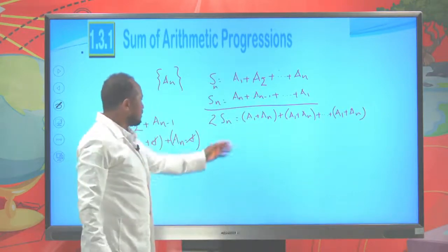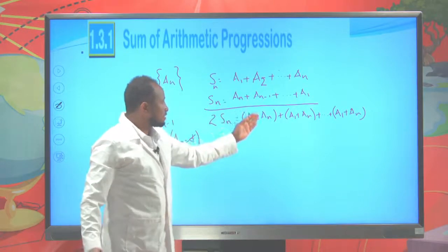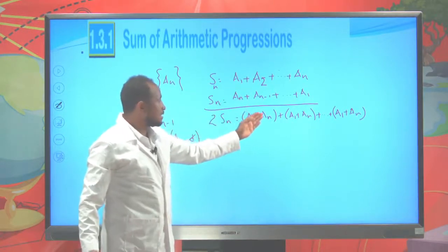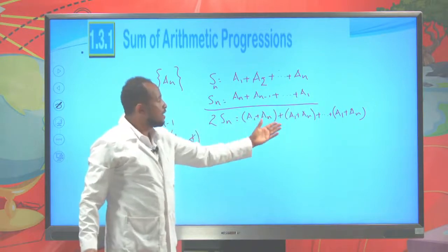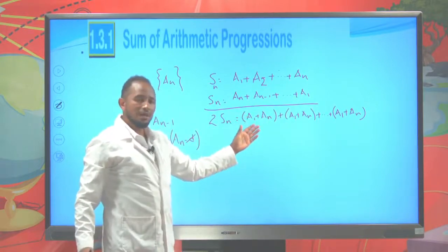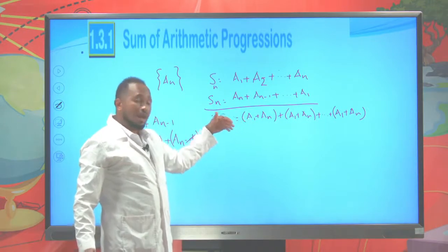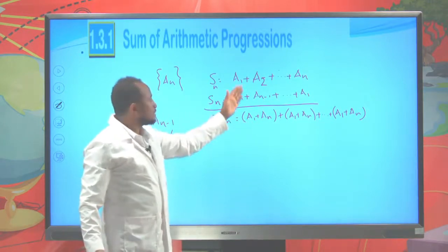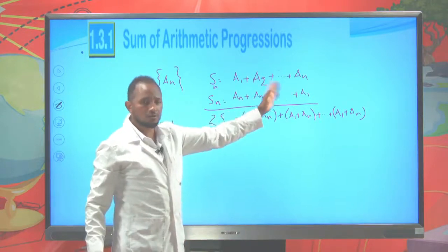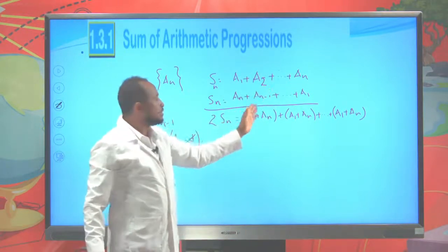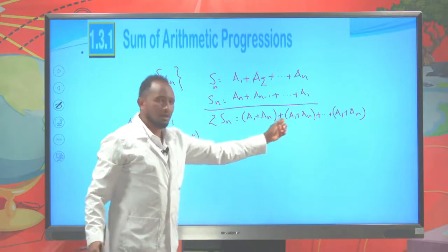Therefore you can see all the pairs sum to a1 plus an. How many a1 plus an do we have? We have n of them, because if you count the terms a1, a2, a3, a4, up to an, we have n terms here. So these sums are n.